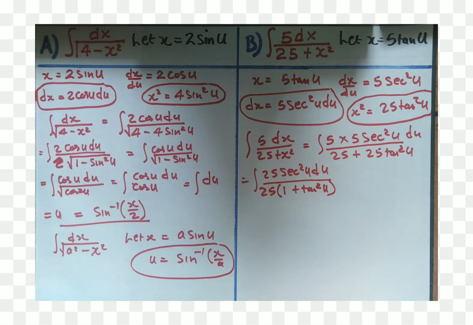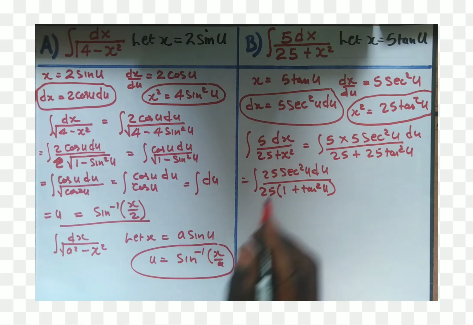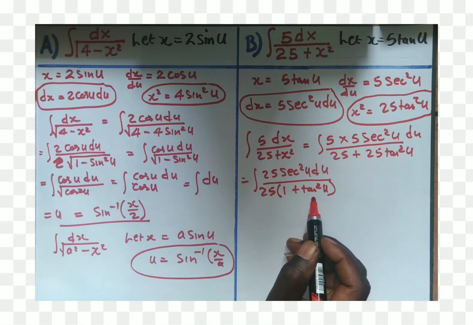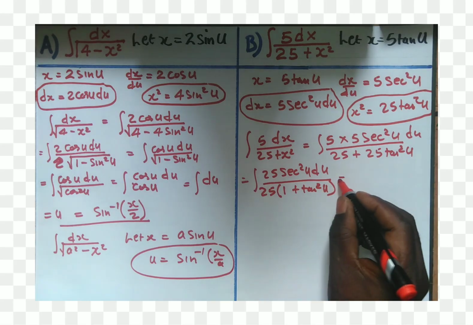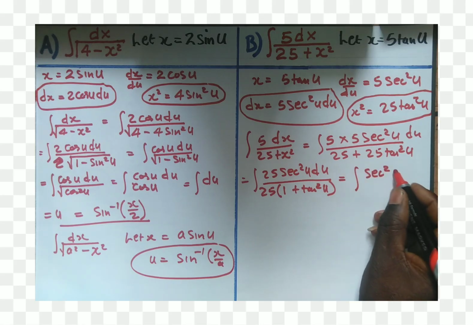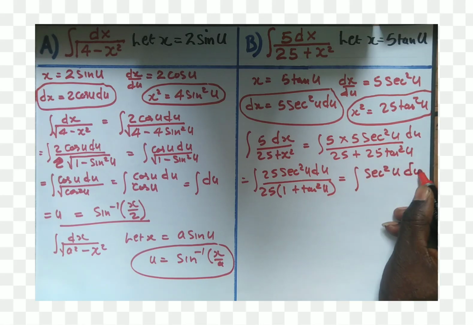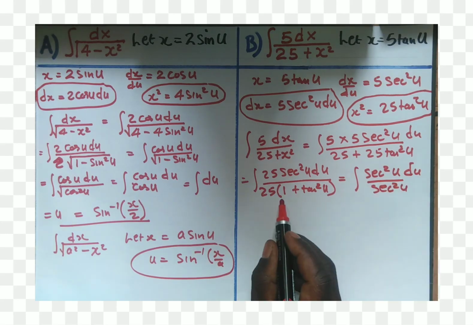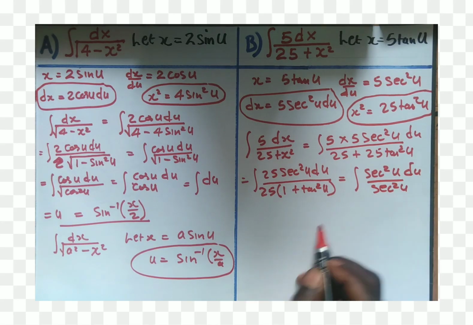The 25 cancels out with the 25 on top and at the bottom. And here our 1 plus tan squared u is actually sec squared u. So we are left with the integral of sec squared u du divided by sec squared u, because remember, 1 plus tan squared u is equal to sec squared u.